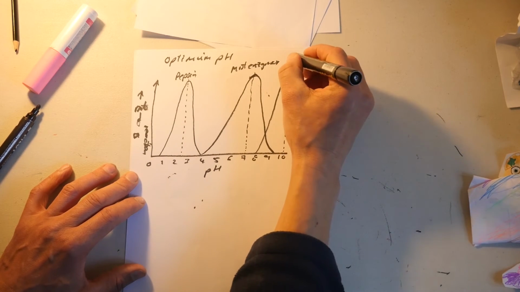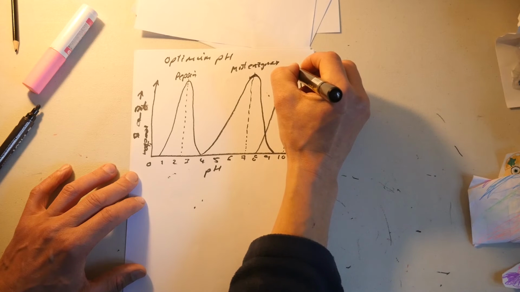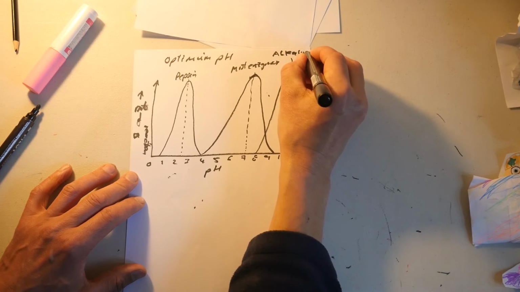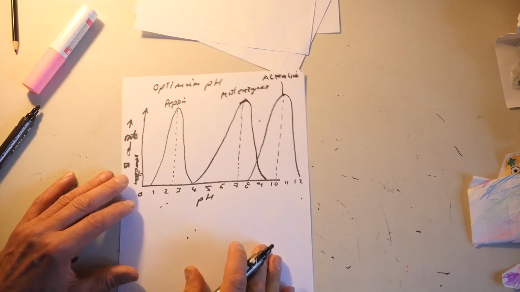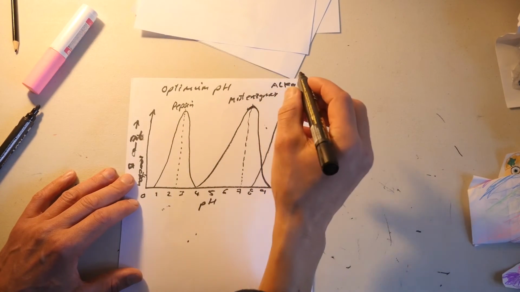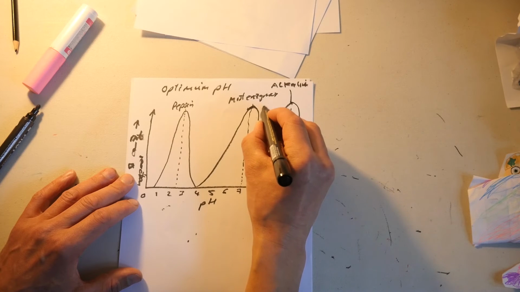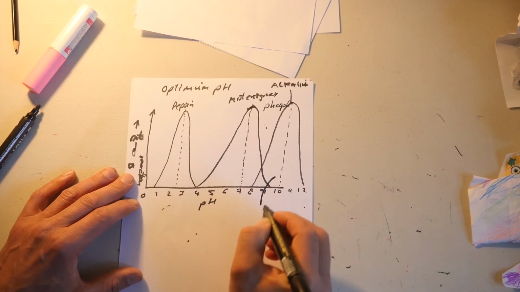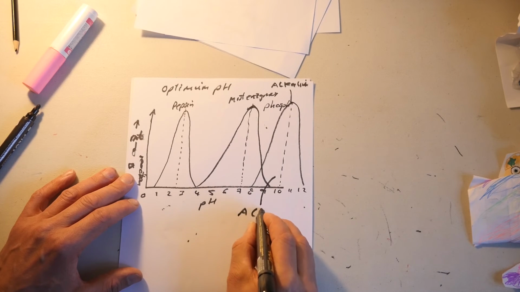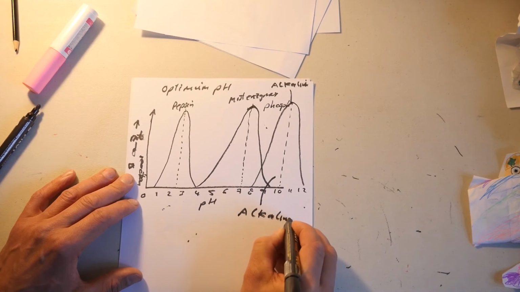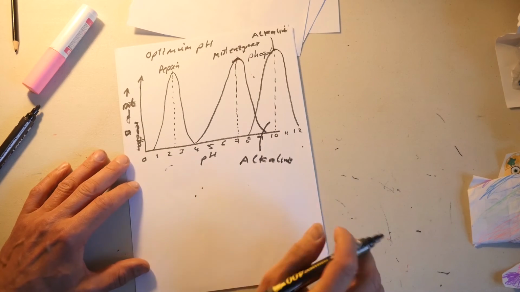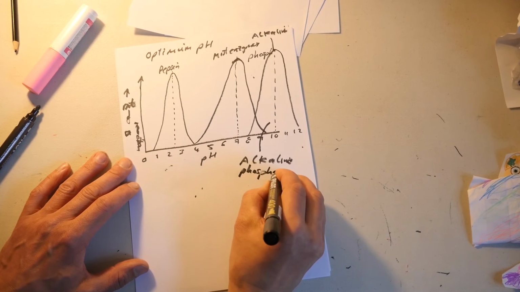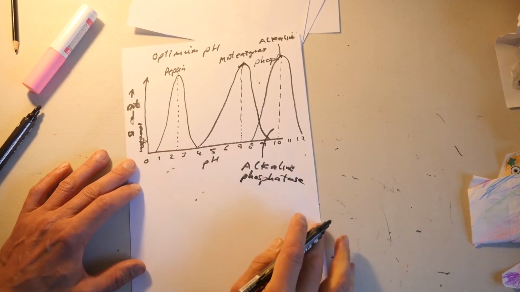So this one is called alkaline phosphatase, okay? Alkaline phosphatase, if I can write this in, it would help.